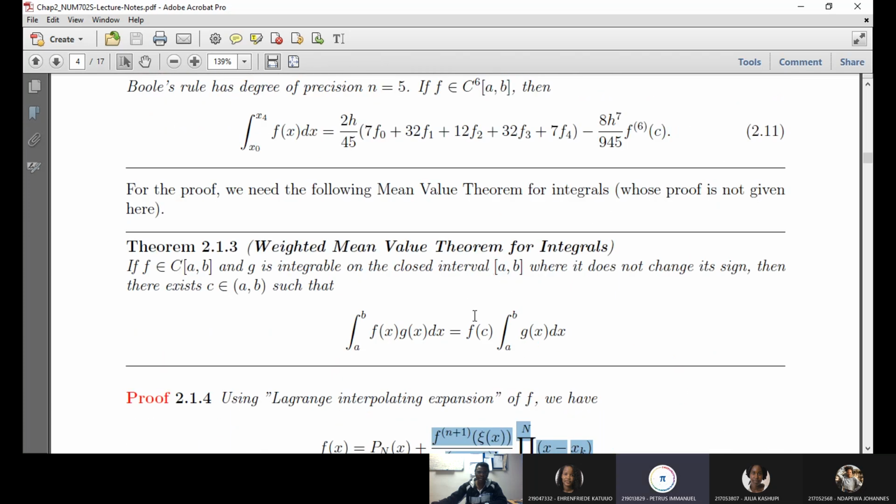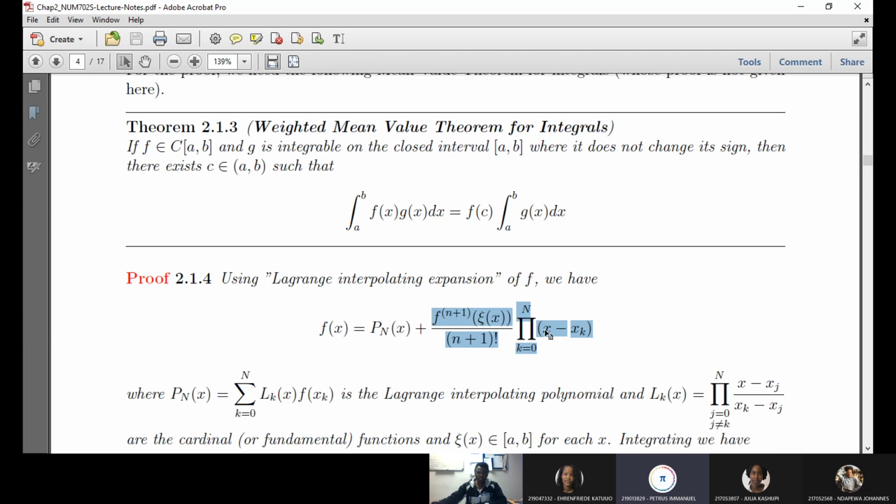So if you apply this theorem to this product, you can see that here you have two functions. You have this first one, which is a function of x. You can see that psi here depends on x. It's a function of x. And the second one is another function of x.